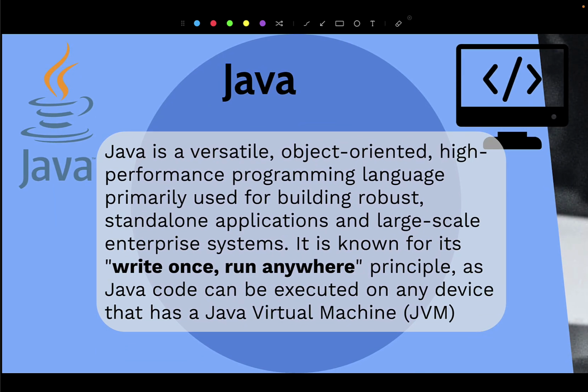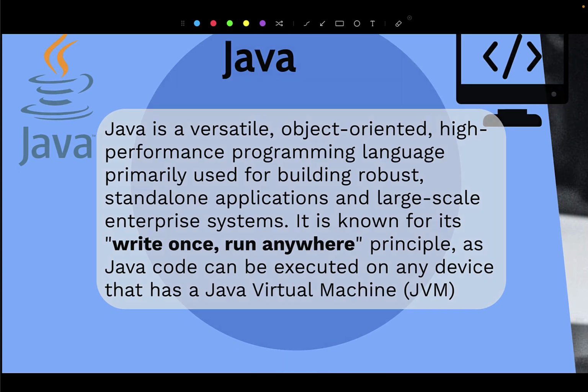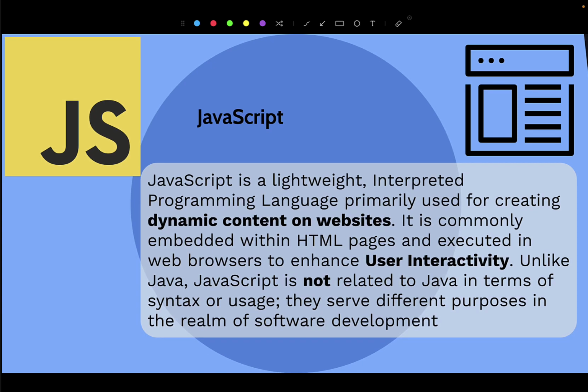Next we have Java. And this is actually very cool because the whole idea of writing in Java is, if you notice here, write once, run anywhere. It is basically platform independent, so it doesn't matter what operating system you are utilizing, you're able to run the program regardless. Next we have JavaScript.